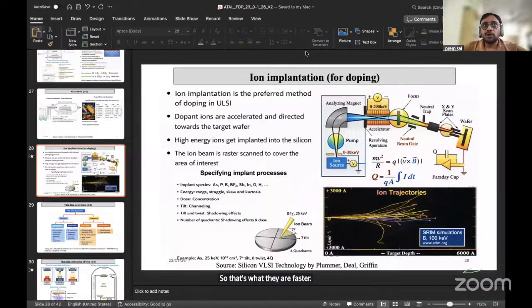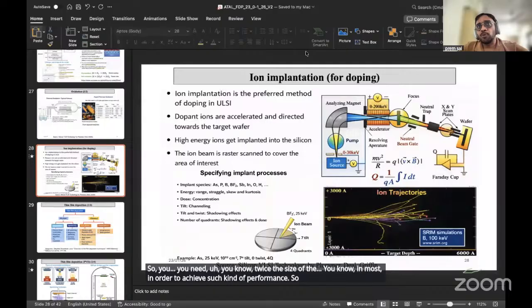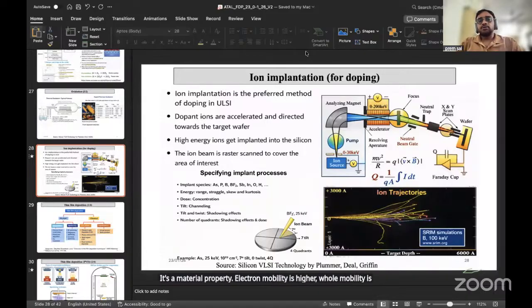For PMOS, the holes drive the transistor, so you need twice the size of the NMOS to achieve similar performance. The hole mobility in silicon is a material property: electron mobility is higher, hole mobility is lower. That's why people prefer NMOS.